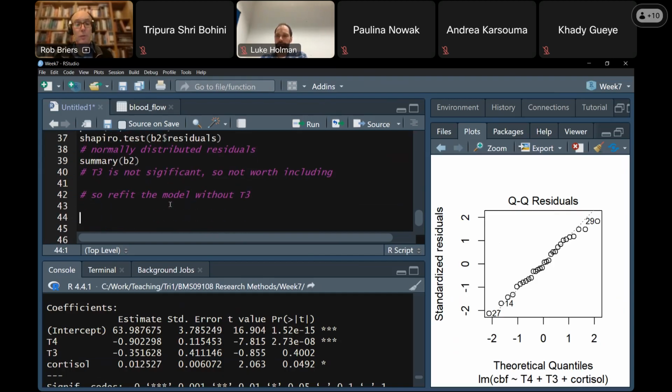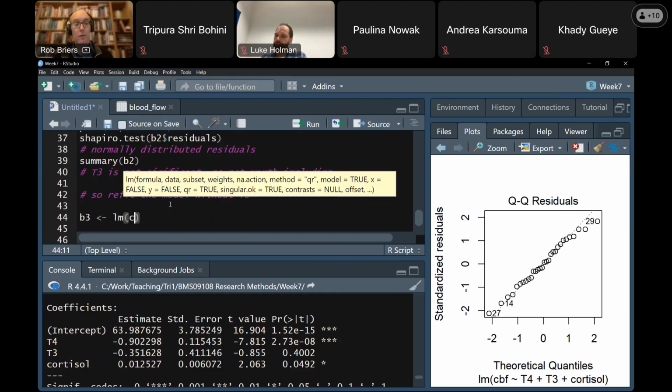So we go through the same process again. This is B3, isn't it? B3 is blood flow in relation to T4 and cortisol, because those are the two things actually worth including.